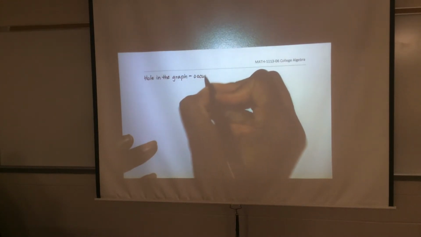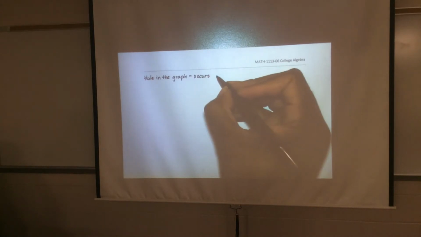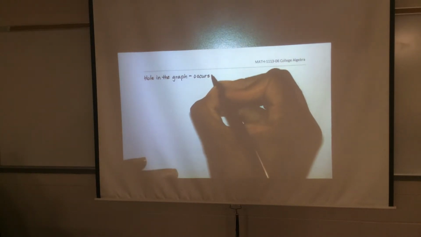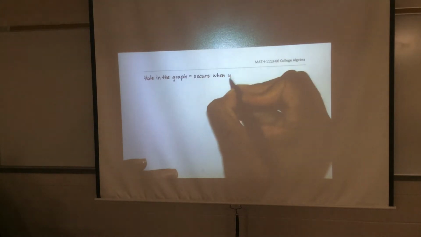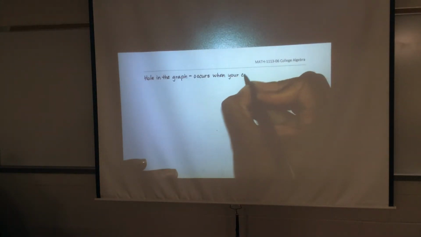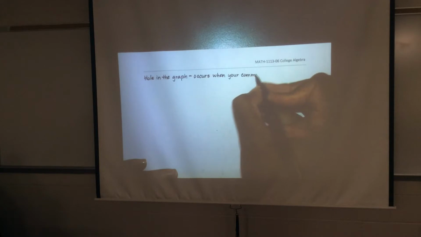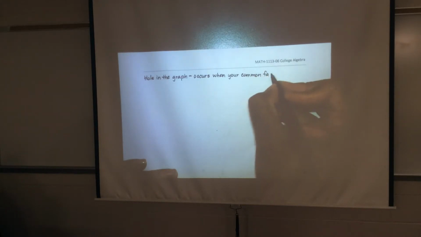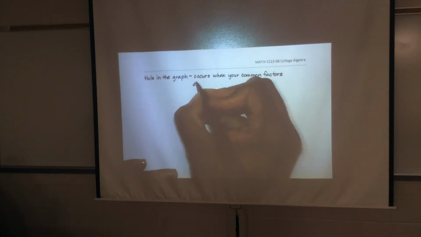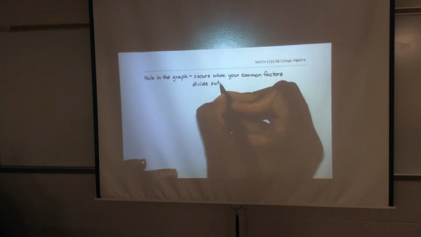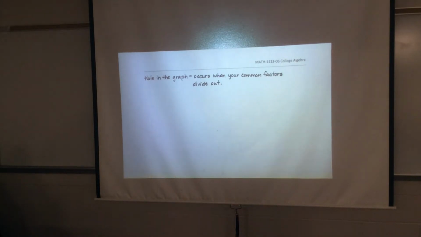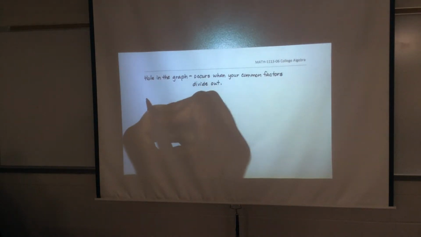A hole in the graph occurs when your common factors divide out. So when your common factors divide out, that means you have a hole in the graph. Like in this example here that I'm going to give you.